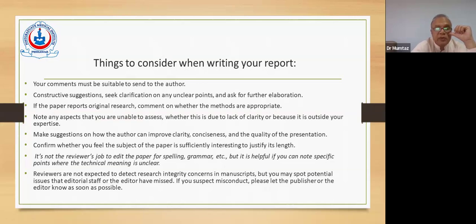Confirm whether you feel the subject of the paper is sufficiently interesting to justify the length. अगर कोई लेंथ ज्यादा लगता है आपको, तो कंटेंट इतना इंटरेस्टिंग है कि आप उसको इस लेंथ के लिए फाइन मानें। It is not the reviewer's job to edit the paper for spelling, grammar, etc., but it is helpful if you can note and give suggestions on that.